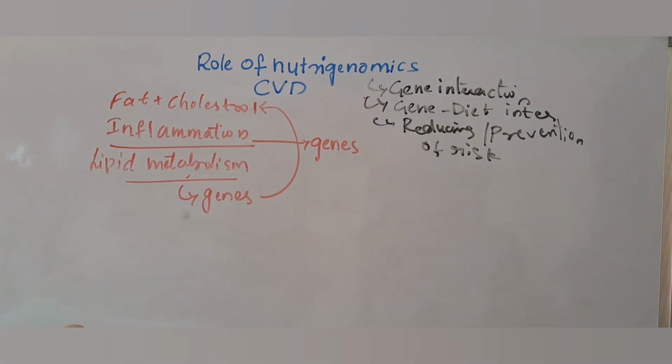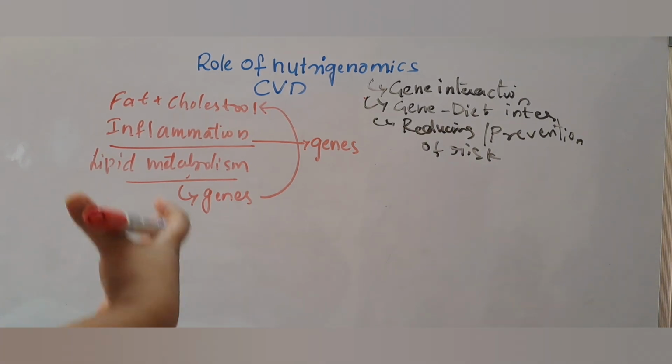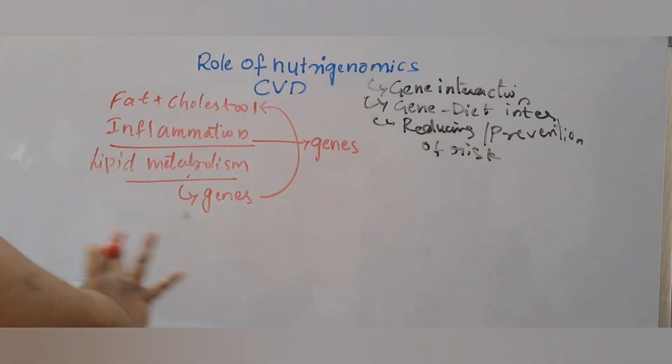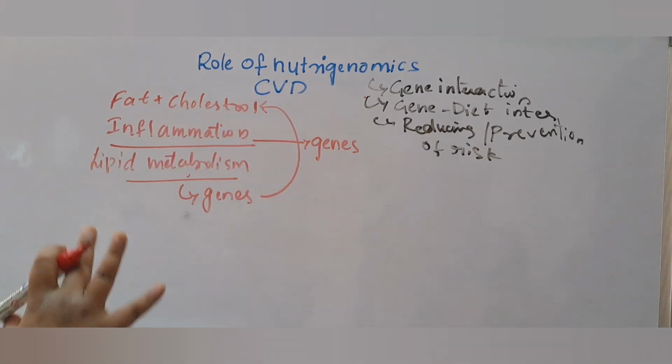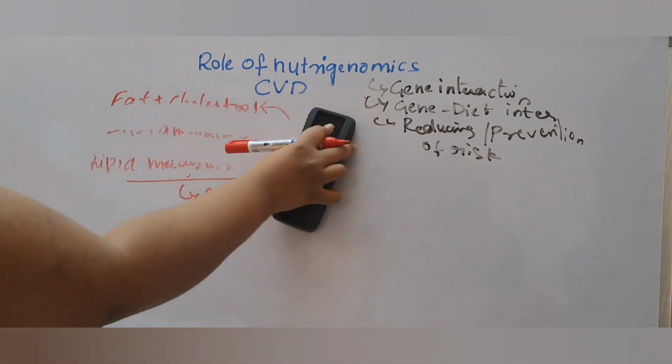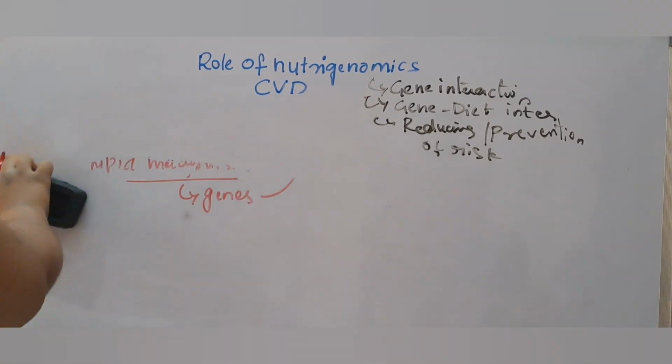Okay, and now we have to talk about the genes that revolve around these mechanisms to reduce the risk of CVDs. So what are those genes? Now we'll discuss.